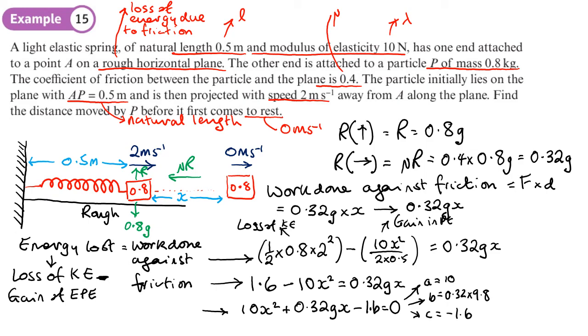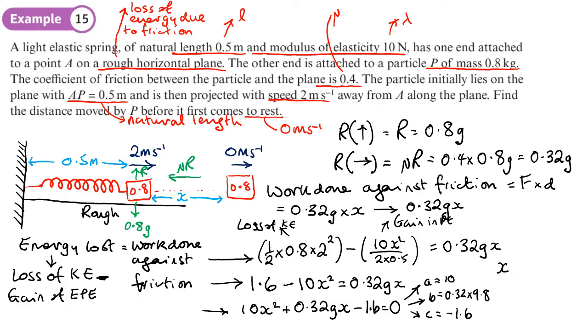I'm just going to use the calculator to work out what value of x I get. So again, menu, polynomial degree 2, and my coefficients are 10, 0.32 times 9.8, and negative 1.6.